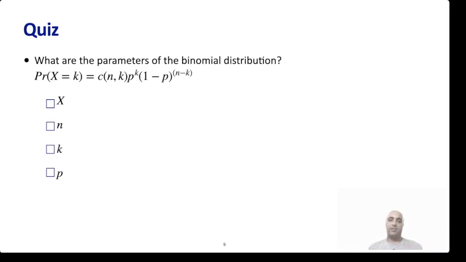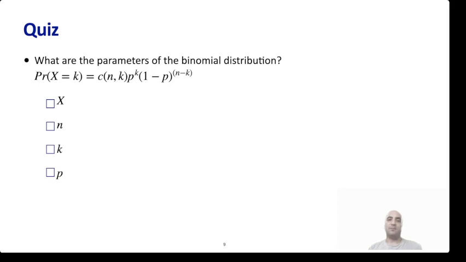Now we try to run this experiment n times. So n is the number of times that we run this experiment. Now we want to know the probability of being successful k times. So we want to see the probability of seeing the head k times, if seeing the head represents the success in our experiment.